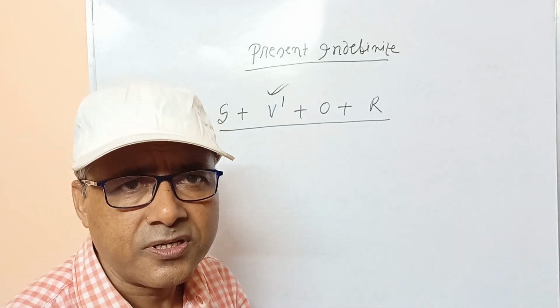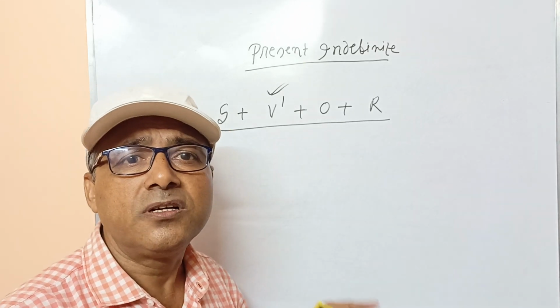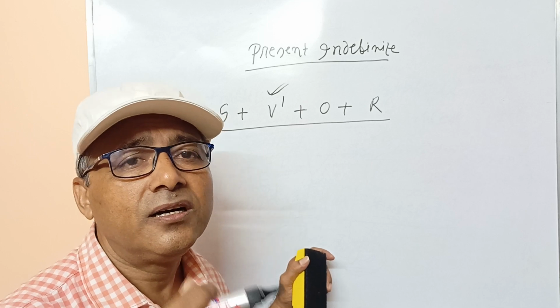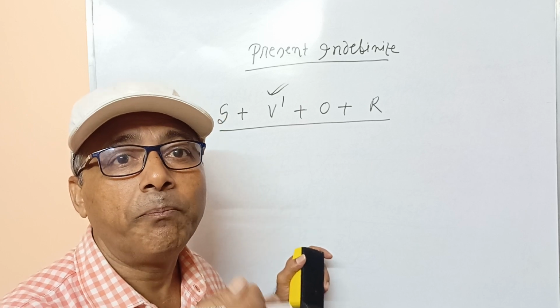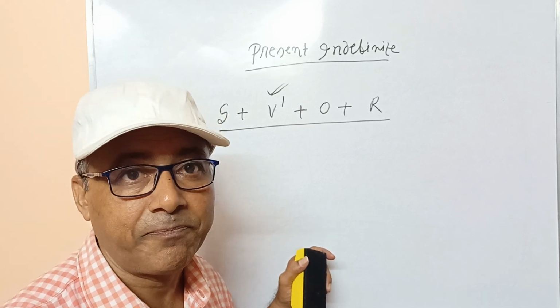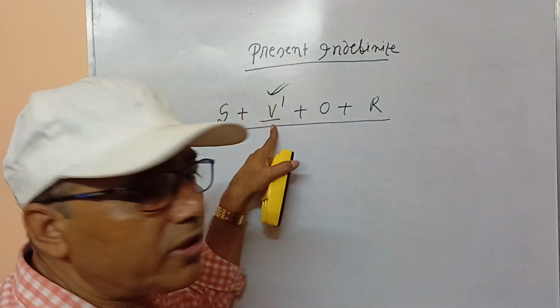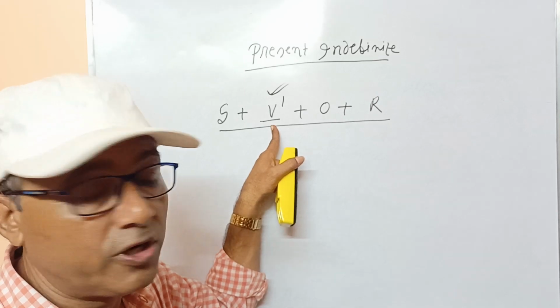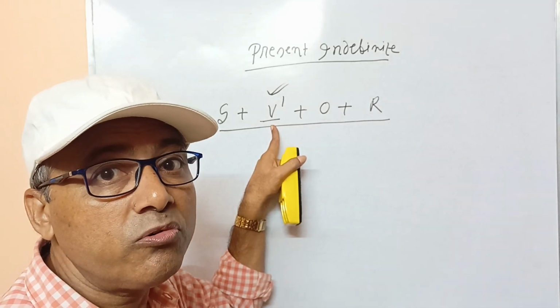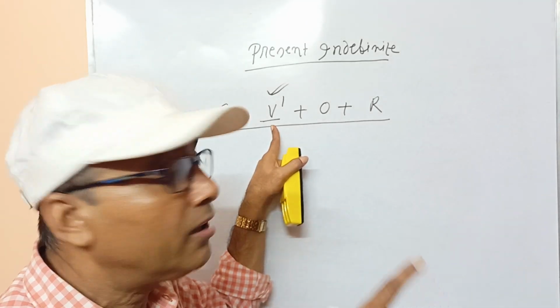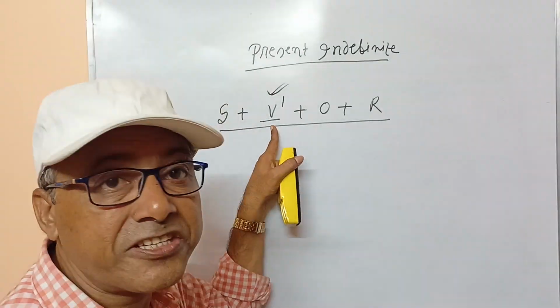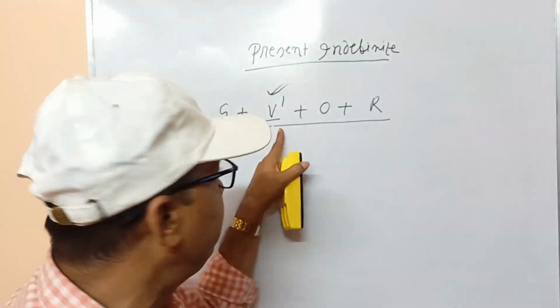What are the verbs? By these words, we can indicate doing something, being something, and having something. Already we have shown you with the do verb. But today I will show you the present indefinite tense with be verb and have verb.